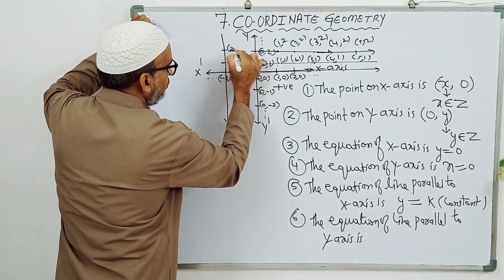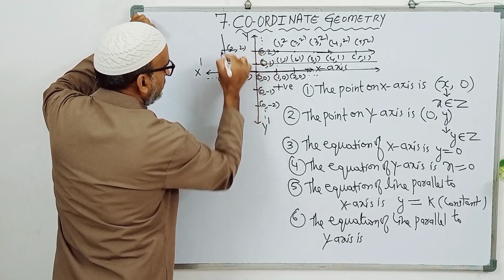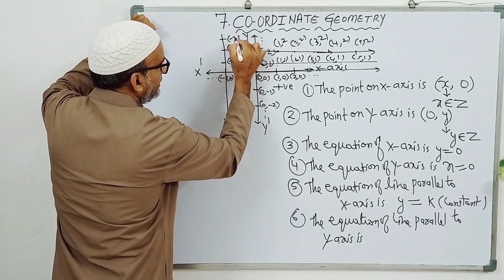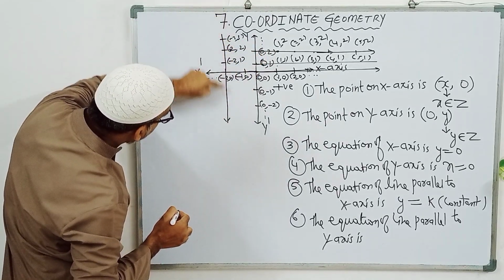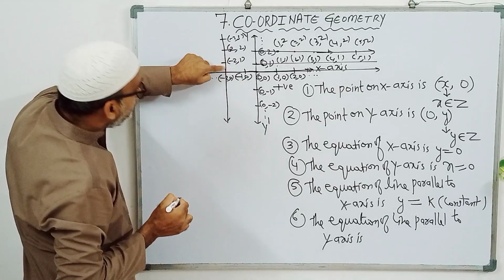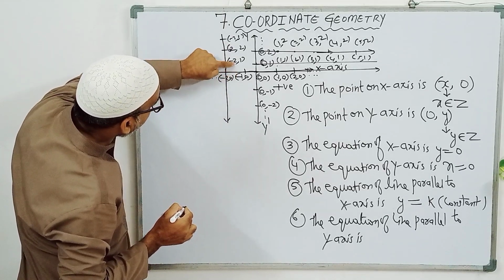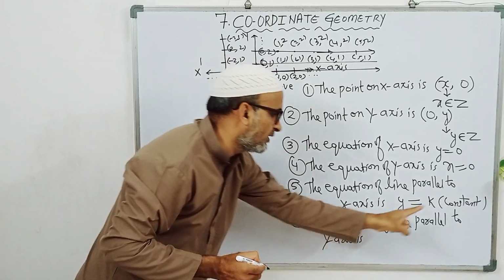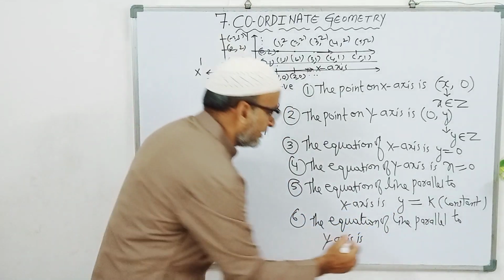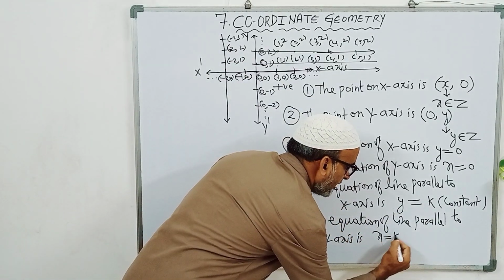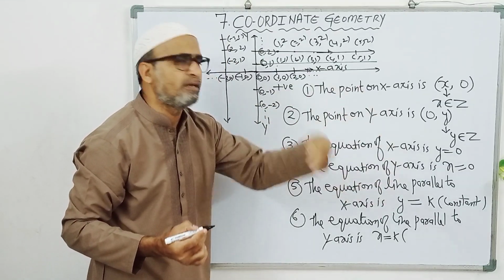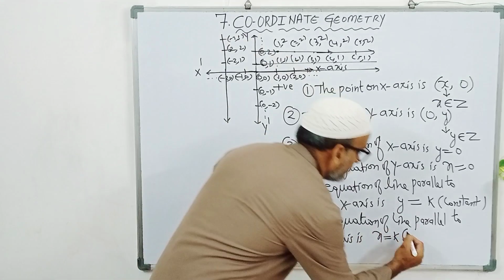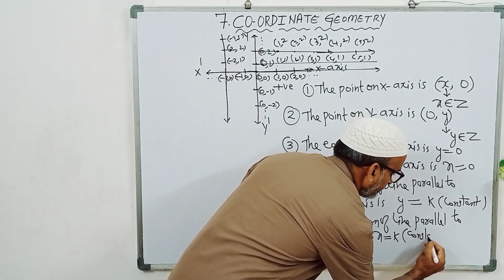Here, minus 2 comma 2. Minus 2 comma 3. See, the common point is minus 2, minus 2, minus 2. Why? Because this line is cutting at minus 2. Whose point? X point. The equation of a line parallel to y-axis is x is equal to k. K is nothing but a constant. It may be minus 1, minus 2, 1, 2, like that.